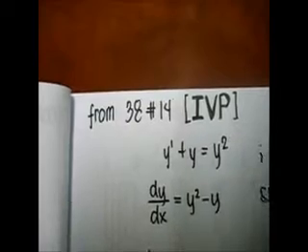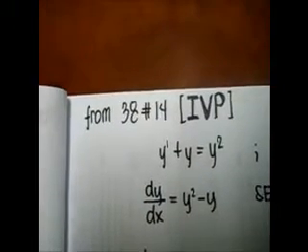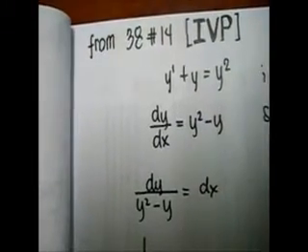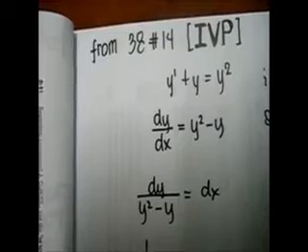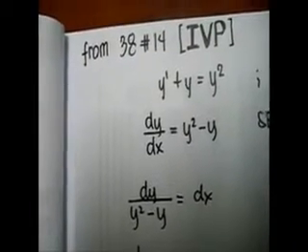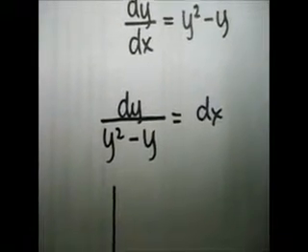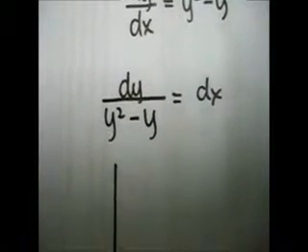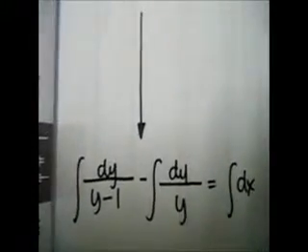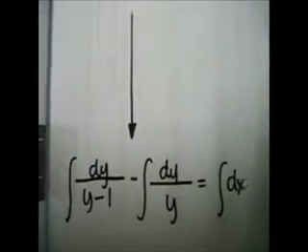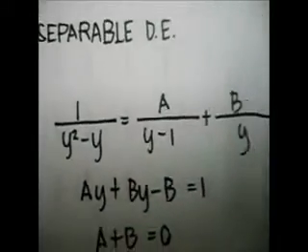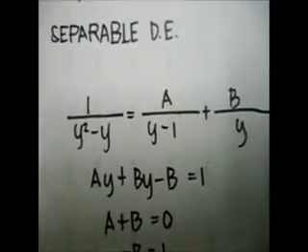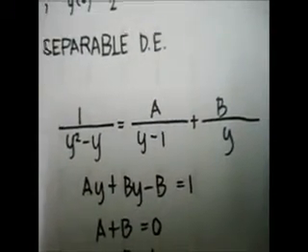So we have to put all the same terms on the same side. So dy over y squared minus y is equal to dx. Since we can't solve it immediately, we have to use partial fractions to arrive at this point. So 1 over y squared minus y is equal to a over y minus 1 plus b over y.